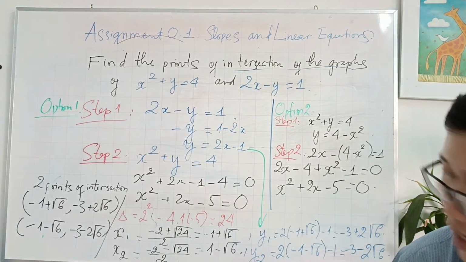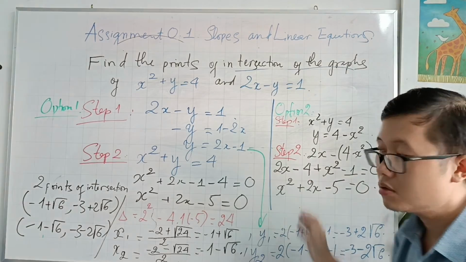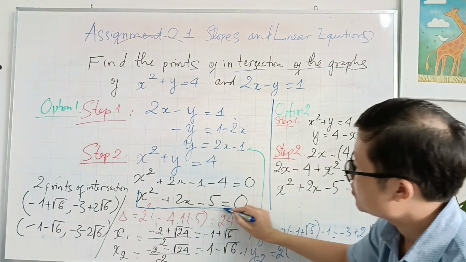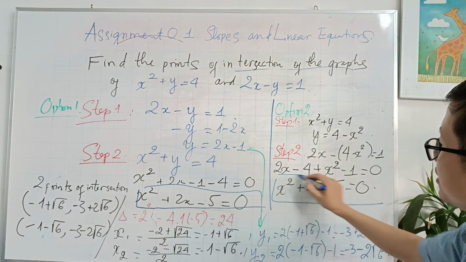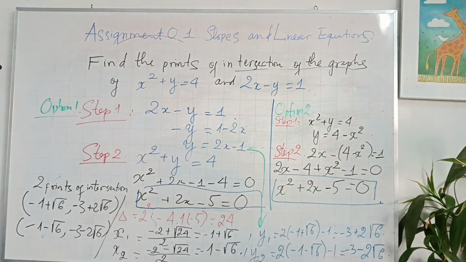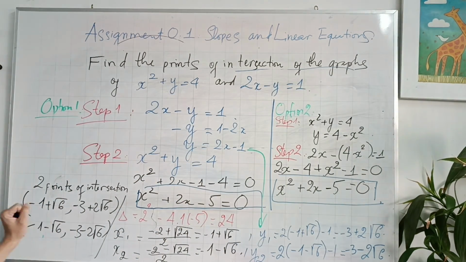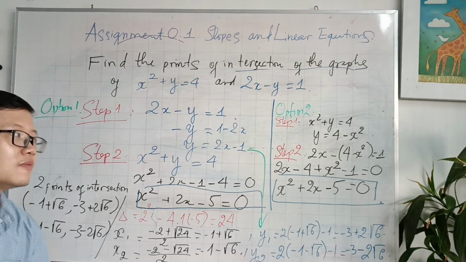So we see that when you do option 1 or option 2, they have the same quadratic equation here and here. So we have the same final answer for this question. Okay, it is our lesson today.